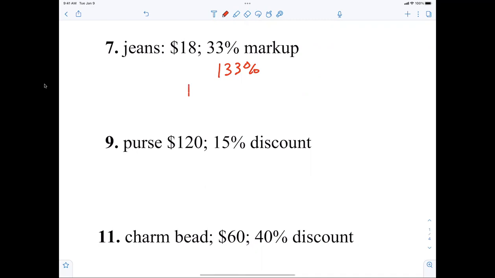You do 18 times 1.33. That is exactly correct. 18 times 1.33. And tell me what that comes out to be, please. $23.94. Anybody else get $23.94? All right, I'm totally good with that.